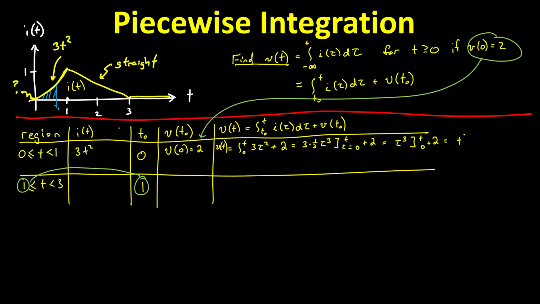And that gives us t cubed minus 0, plus our initial condition. So this is our answer for what v is. This is what our answer is for this shaded blue area, as long as t is somewhere between 0 and 1.